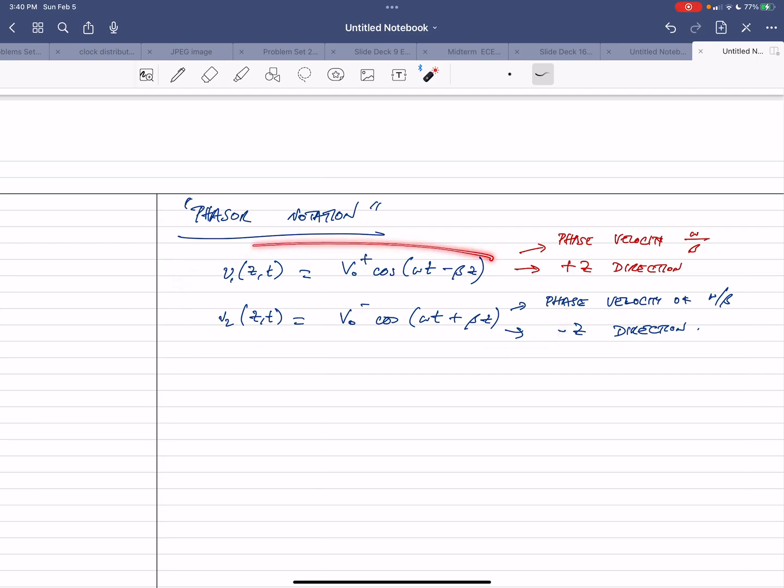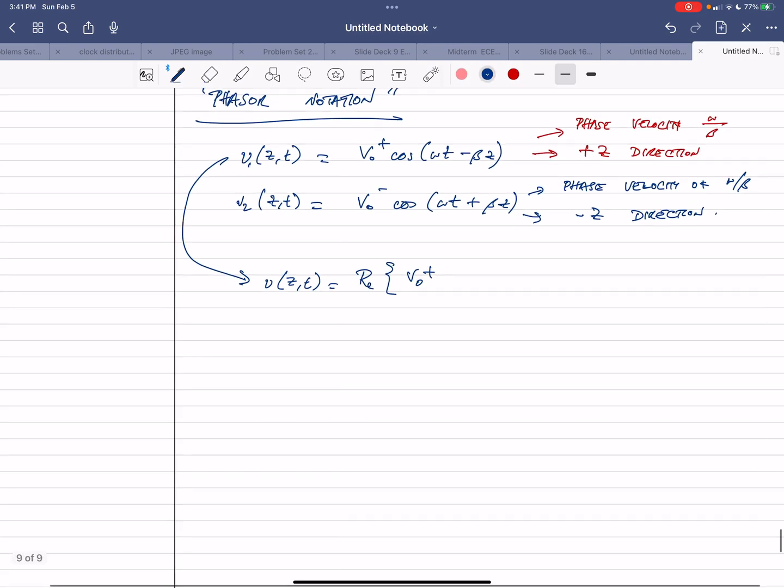Now I can write this in another way, and this is where it's good to start getting familiar with complex notation. So this is V of z, t. I can also write this as the real part of V0 plus e to the j omega t minus beta z.